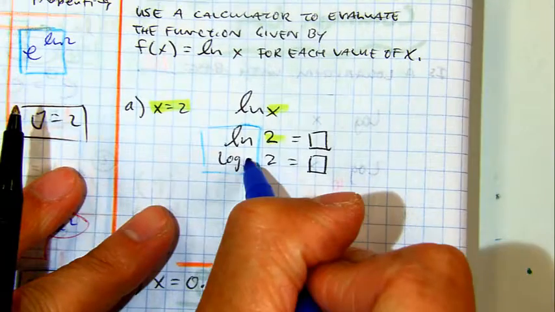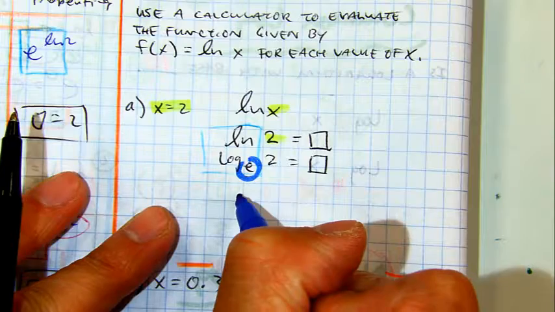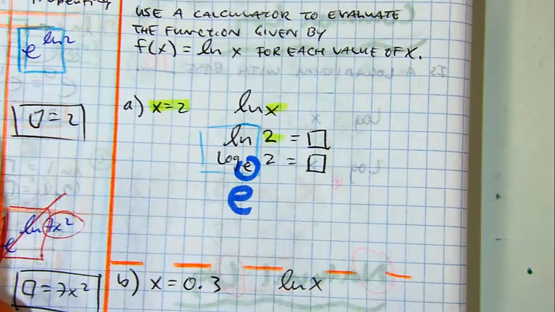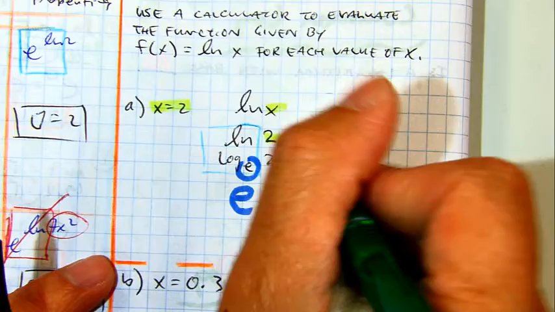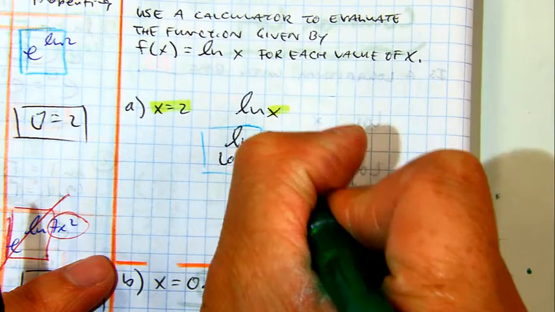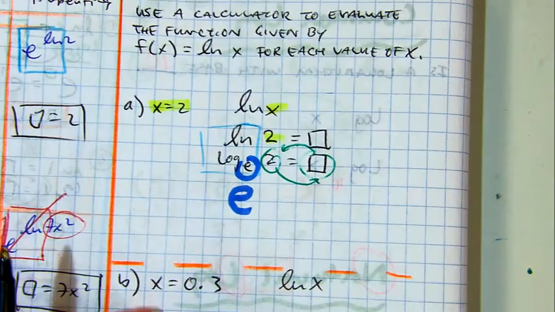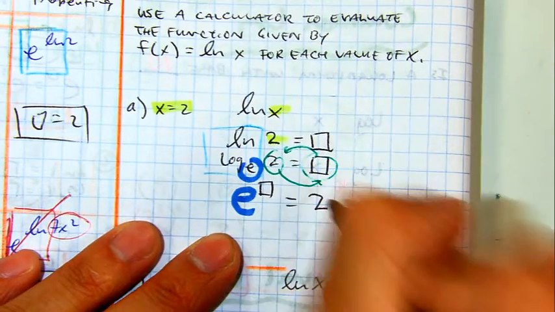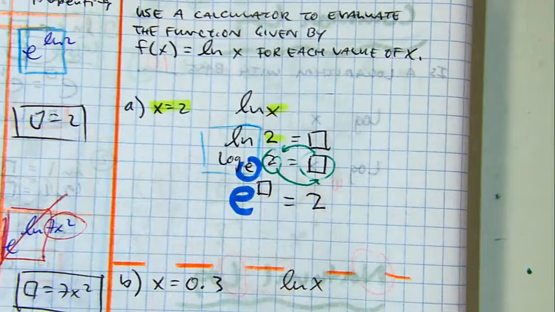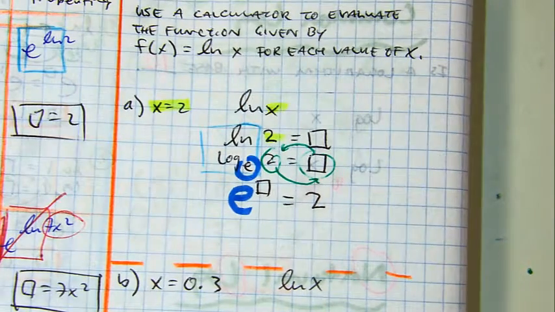My base is e, comes out of the basement, gets really big. We're going to switch these two. e to the box equals 2. Let's put that into our calculators.